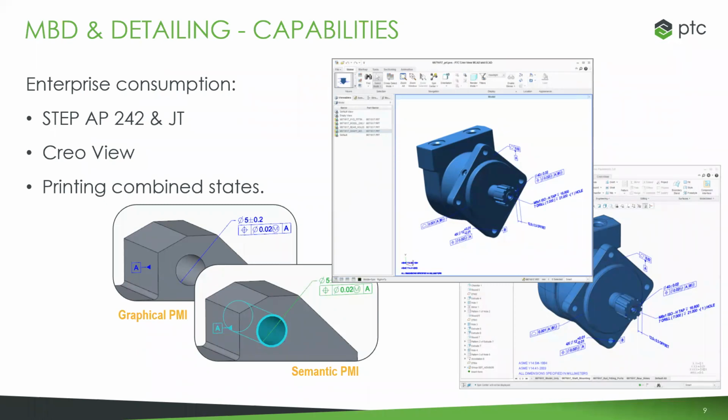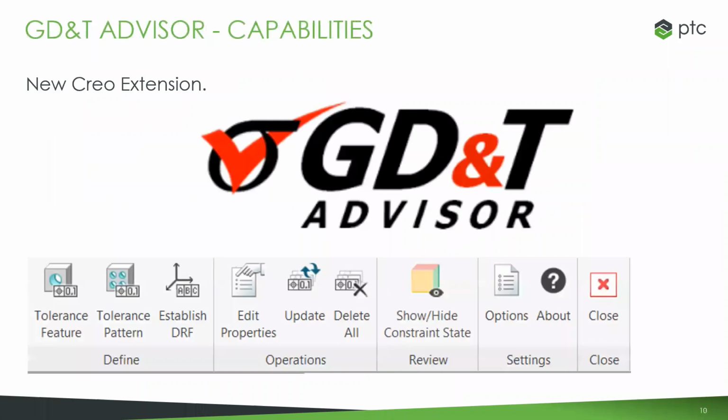Now, what's really going to help you out here is what we have in this extension called the GD&T Advisor. This is an extension that's very powerful and very, very useful for people that are working in the model-based definition space. This extension gives you expert guidance on the application of your GD&T as well as validation that it has been done correctly.